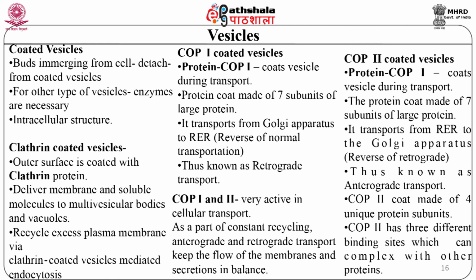COP2 has 3 different binding sites that it can complex with other proteins. Both COP1 and COP2 are very active in membrane trafficking. They perform the necessary tasks of selecting the correct cargo for proteins and they change the shape of the phospholipid bilayer into correct buds and vesicles.